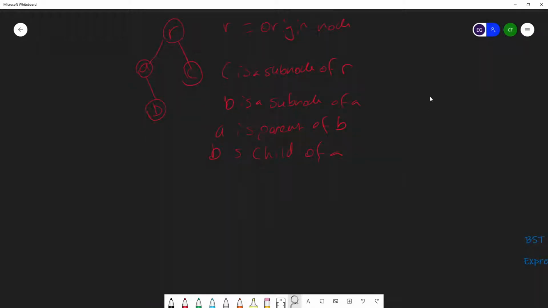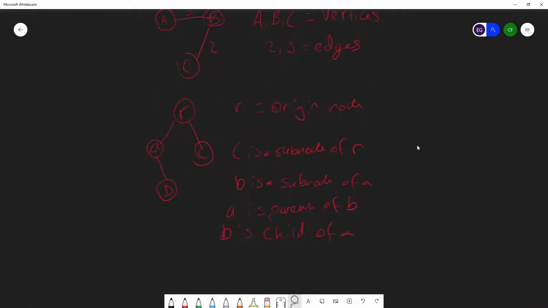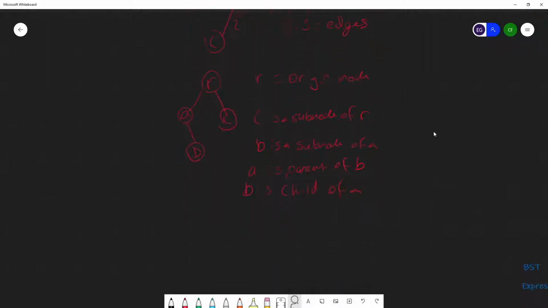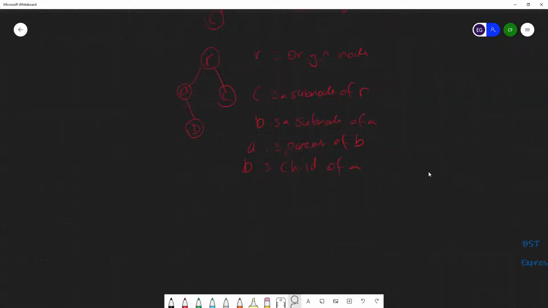So we can say in this example up here, R has degree 2, A has degree 1, and C and B have degree 0. Because obviously R has 2 children, A has 1 child, and B and C have no edges coming off them, so they have no children.